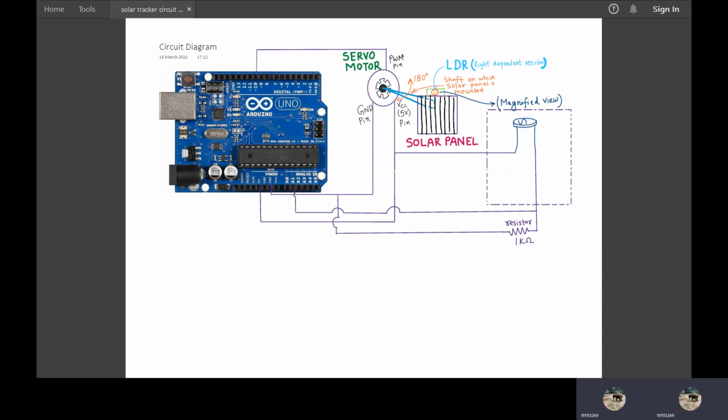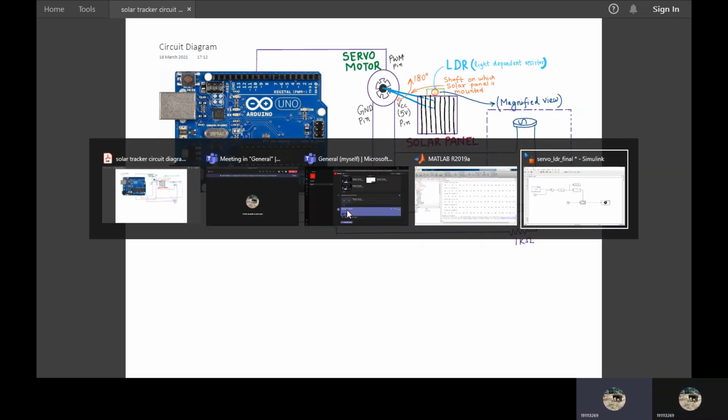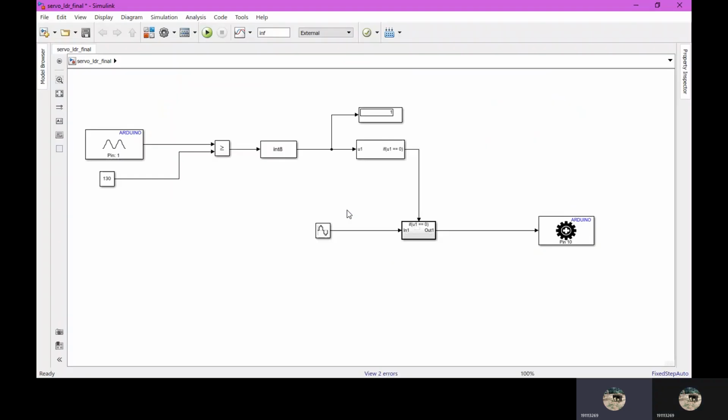Okay, so for this model, let's see the Simulink model which I have implemented. So here is the Simulink model of my project. As you can see, pin 1 which was connected with the LDR, this is analog pin 1.